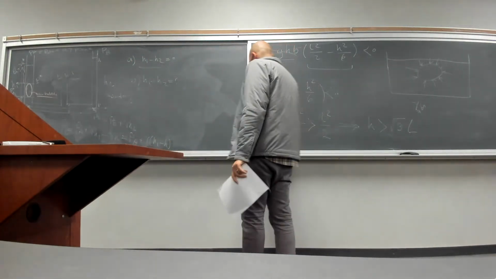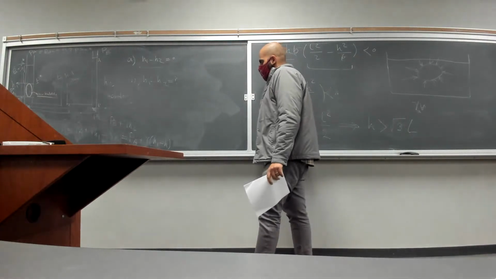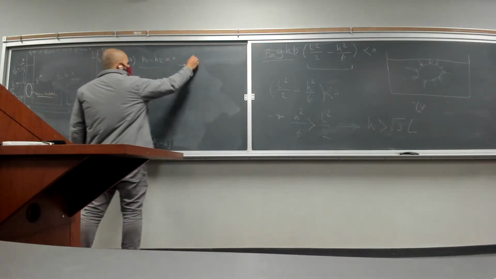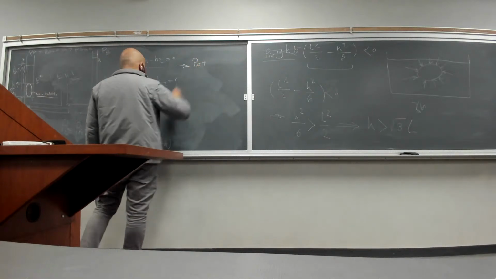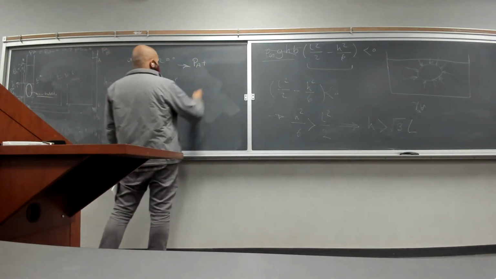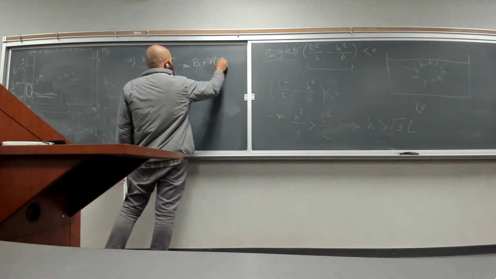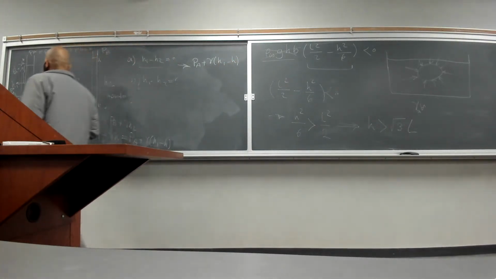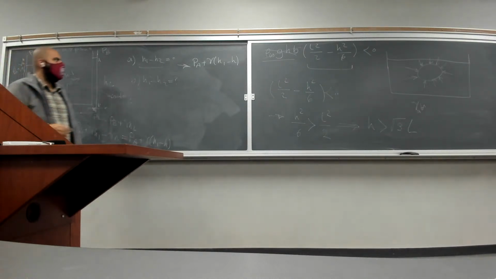It's a little hard to read this, so I'm going to write it up here. So PA plus gamma H1 minus H. And H is this height of the air bubble, right?